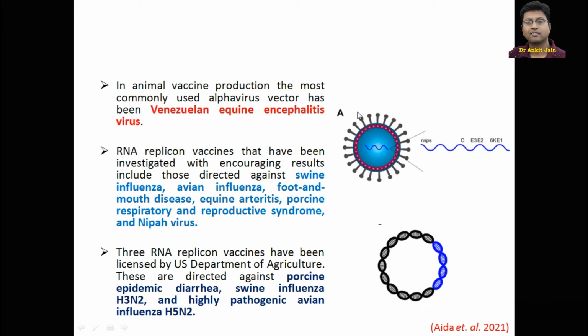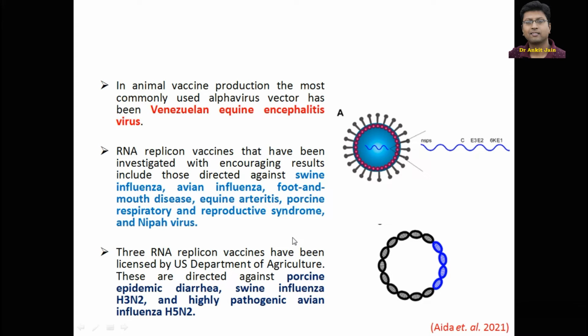As we know, the Venezuelan encephalitis virus is used as a common replicon, and with the help of this particular RNA-based vaccine technology, the scientists are engaged in production of swine influenza, avian influenza, foot and mouth disease, equine arthritis, porcine respiratory and reproductive syndrome, and Nipah virus vaccines.